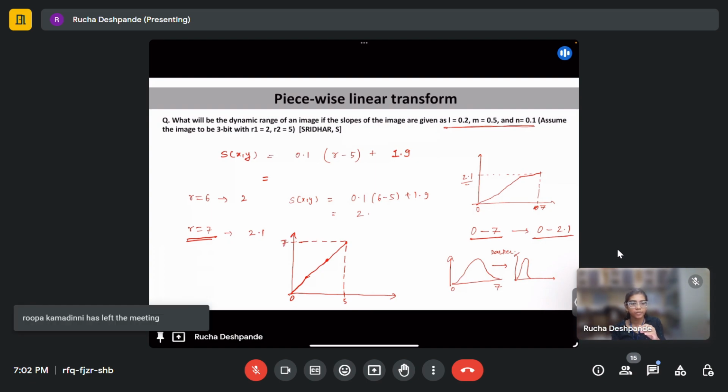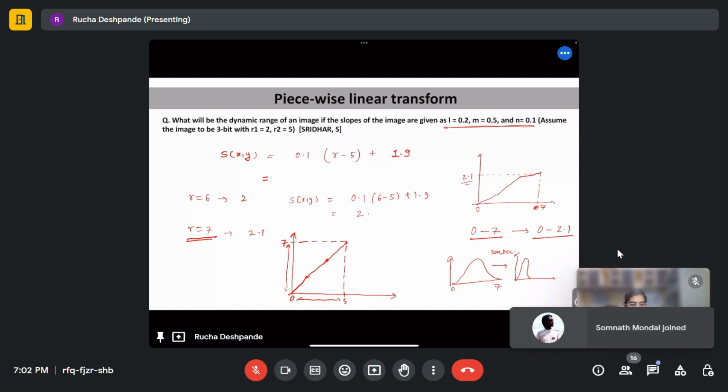So if my slope is greater than 1, in this case it is spanning a higher range than that of my input image. So in this case I will get a brighter image.